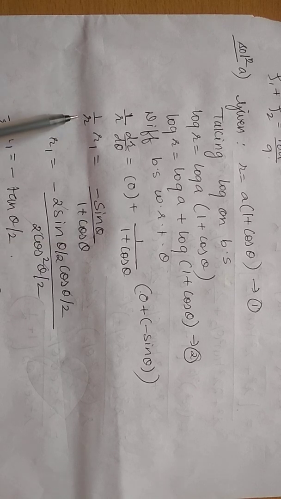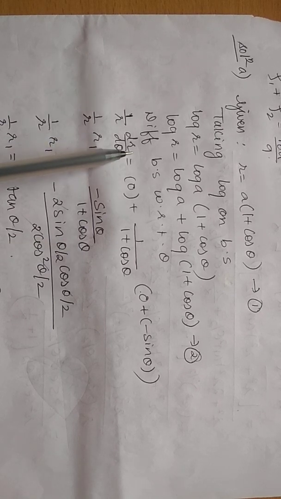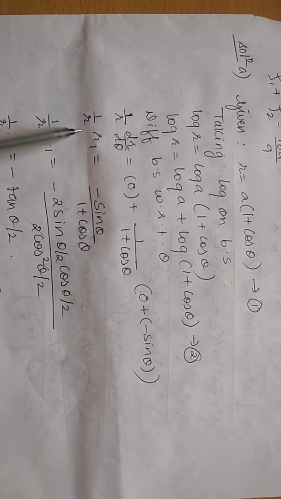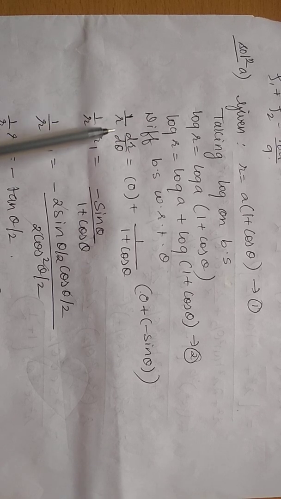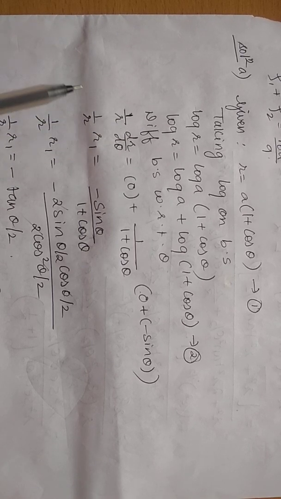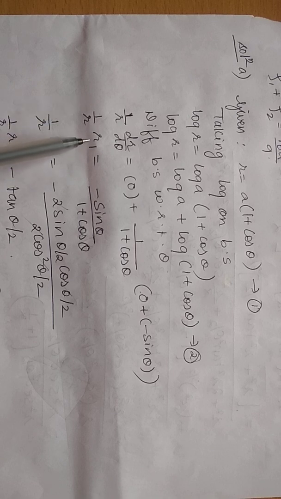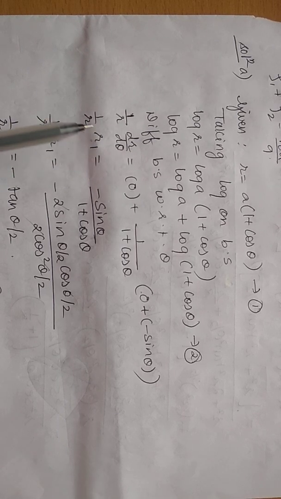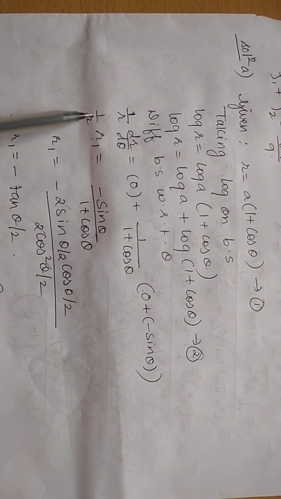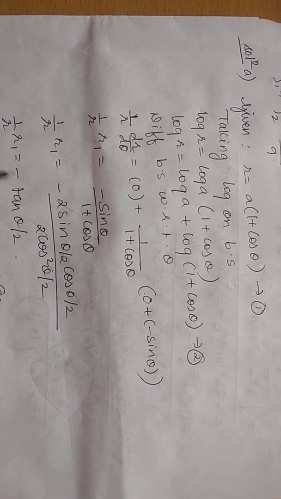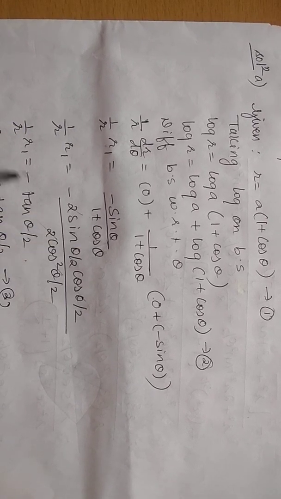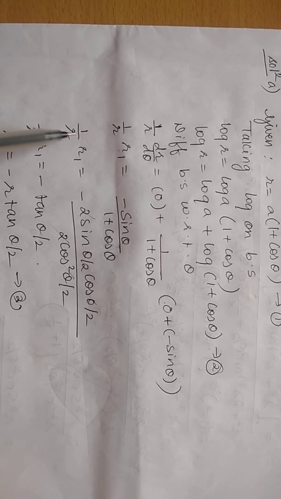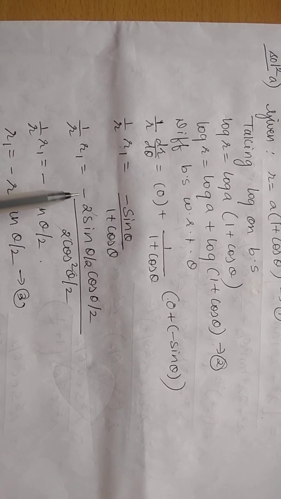That is 1 by r into r1, dr/dθ we are going to write as r1. 1 by r dr/dθ is not cot φ now here; we are going to find r1. So substitute dr/dθ as r1, keeping 1 by r as it is, minus sin θ upon 1 + cos θ.